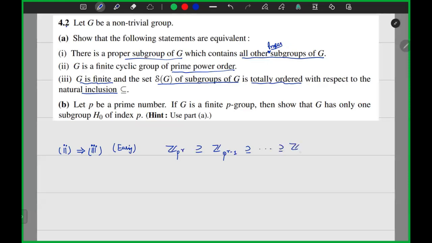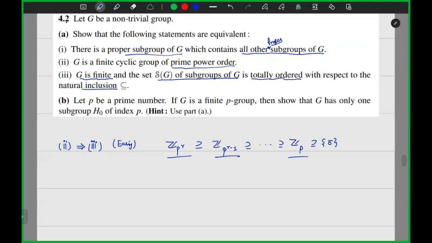Lastly, we have Z_p, and then the trivial group 0. So this is totally ordered, G is finite, and these are the only subgroups. Use Lagrange's theorem, or use that a cyclic group has a unique subgroup of given order.